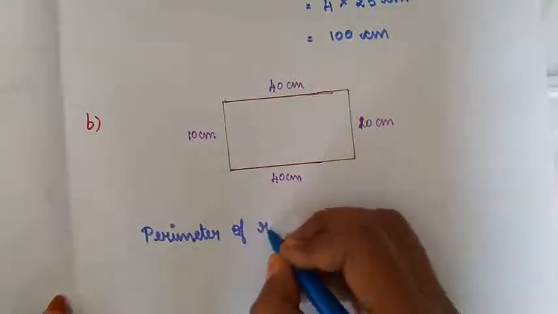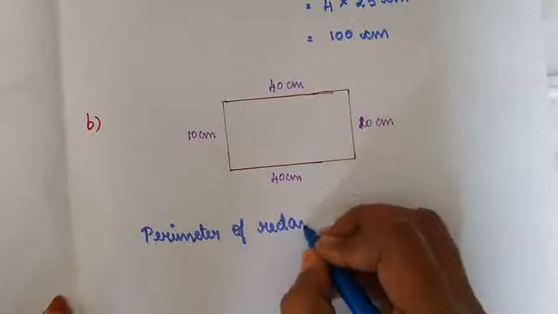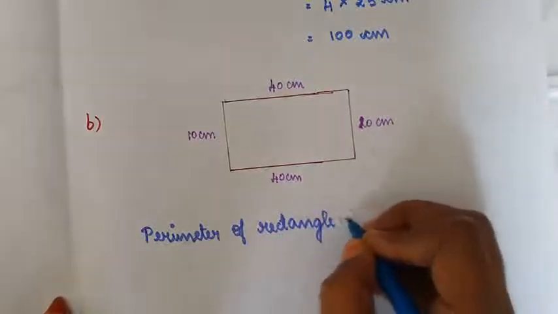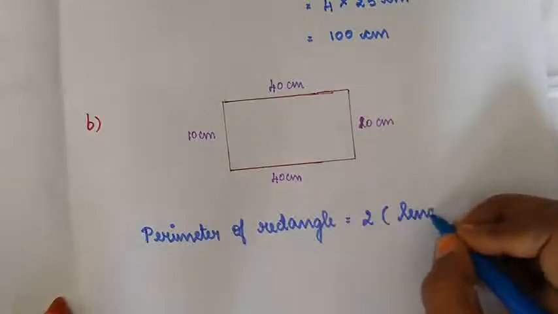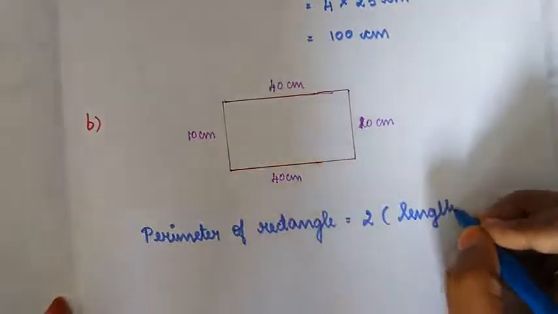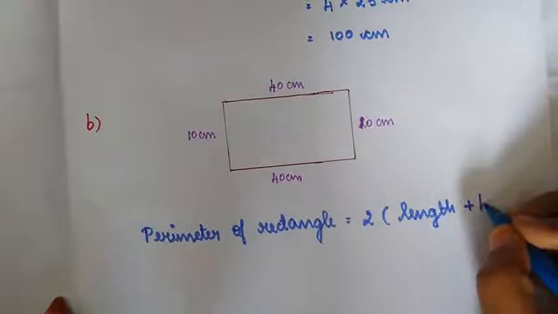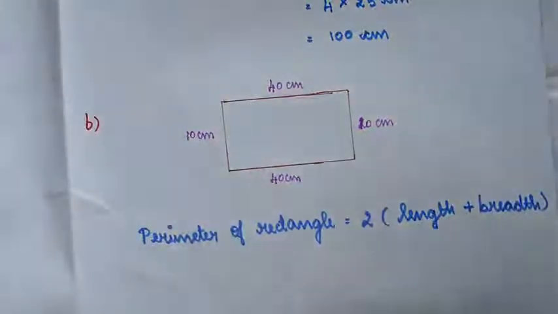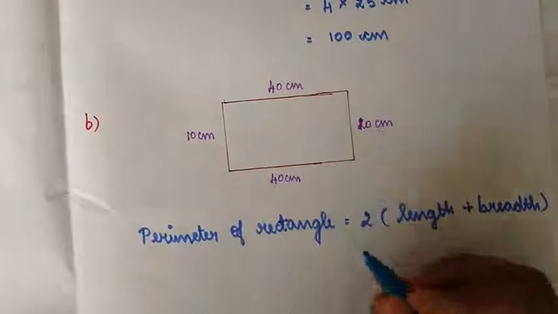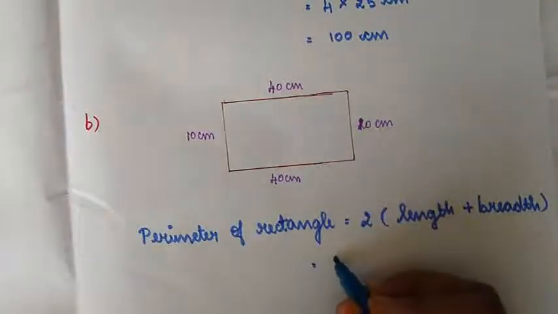Perimeter of rectangle equal to 2 into length plus breadth. This is the formula for perimeter of rectangle. Okay, so we have to substitute the value.